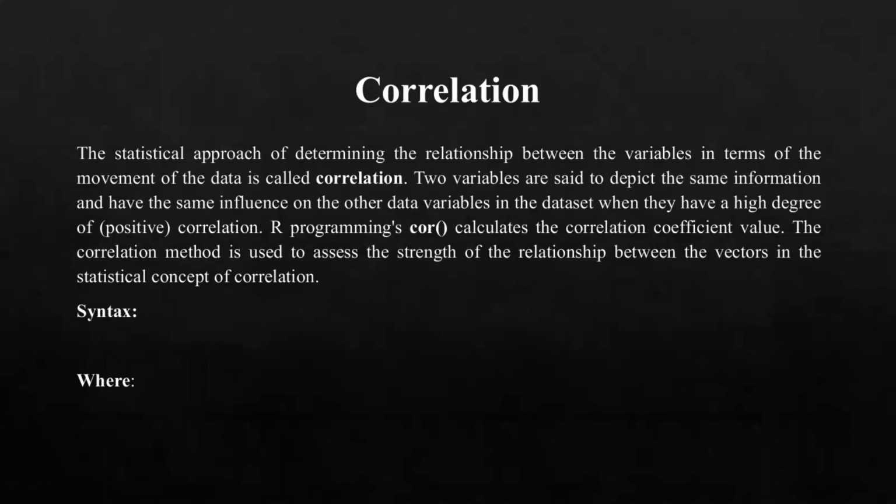Next, we have correlation. The statistical approach of determining the relationship between variables in terms of the movement of the data is called correlation. Two variables are said to depict the same information and have the same influence on the other variables in the dataset when they have a high degree of positive correlation.